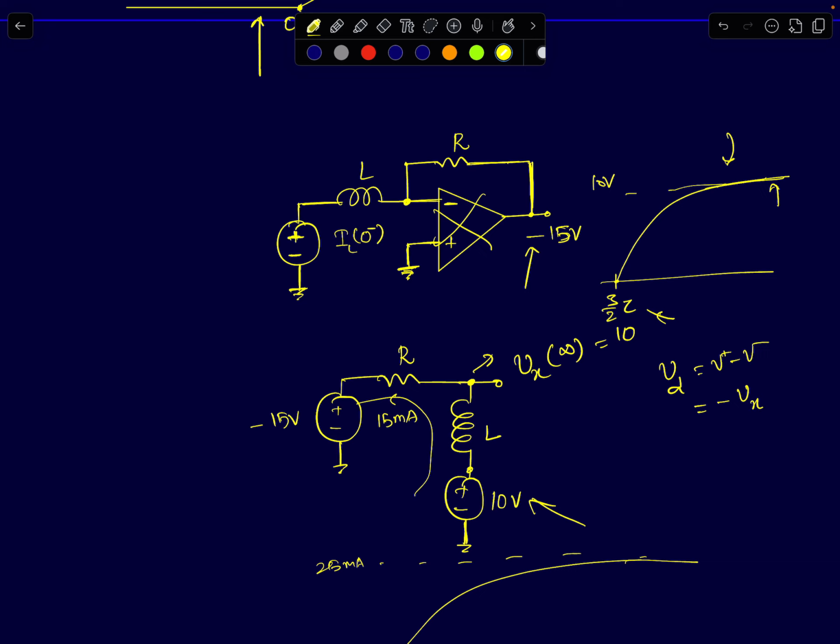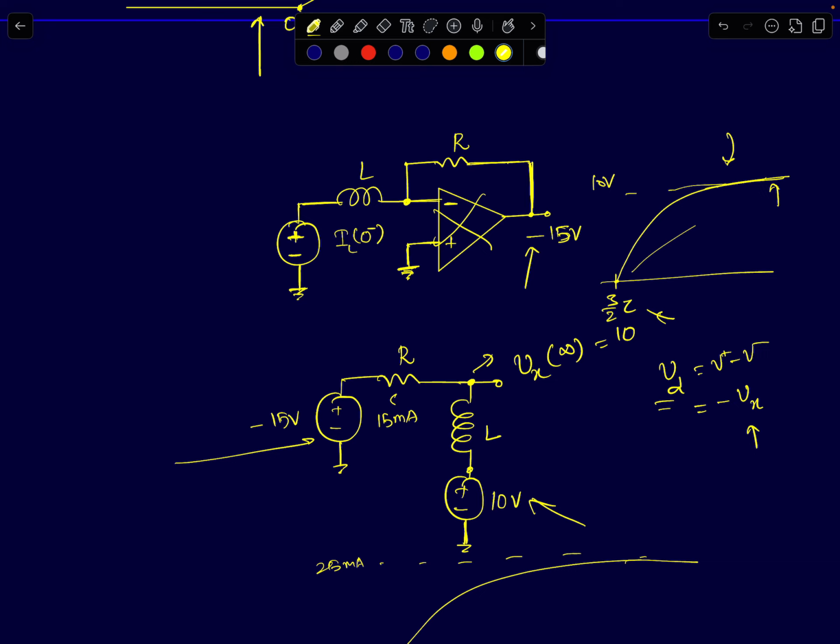Since Vx is always positive, Vd will always be negative, which means the op amp's output will stay at minus 15. So that is fine. We can confidently assume this to be at minus 15 for all time after 3 by 2 time constants.